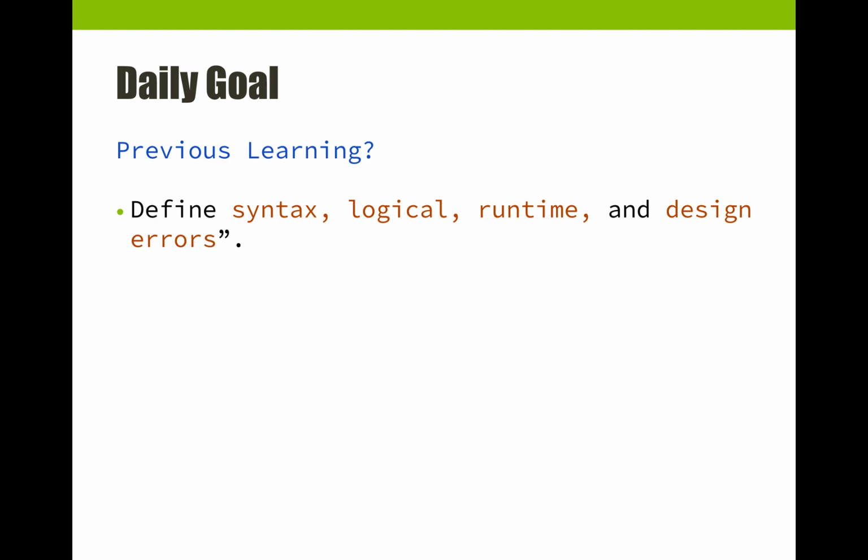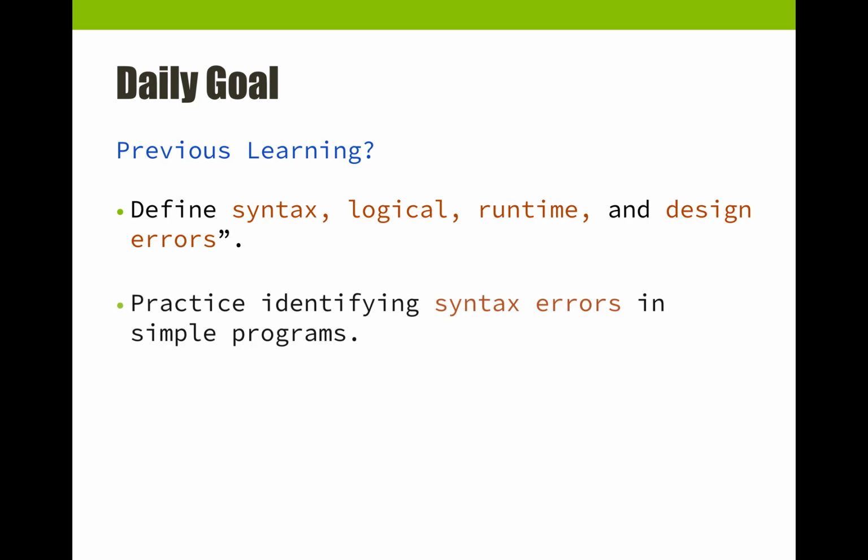So my goal for this presentation is we're going to define 4 terms. By the time this video is done, you should have an idea for how to define a syntax, logic, runtime, or design error. And the term design error is one kind of my own creation, which I'll talk about when we get there. And then we want to look at some examples of syntax errors as we are first learning what the words and symbols and characters we use to make the code are.